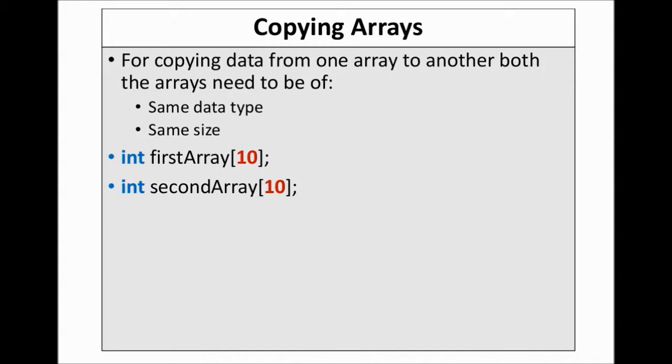For example, if we want to copy the data of the first array into the second array, then the first array has the data type int and the size 10, and the second array has the same data type as the first array, that is int, and the same size, that is 10.